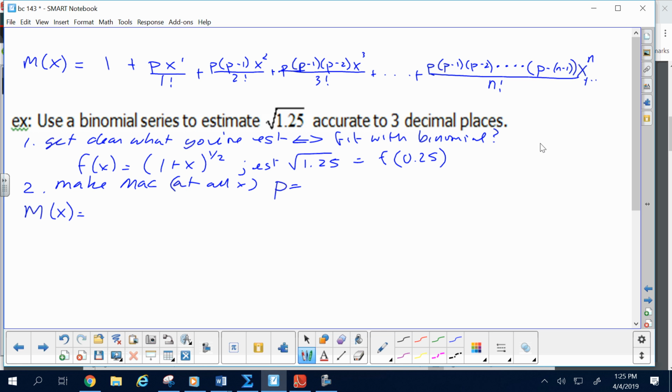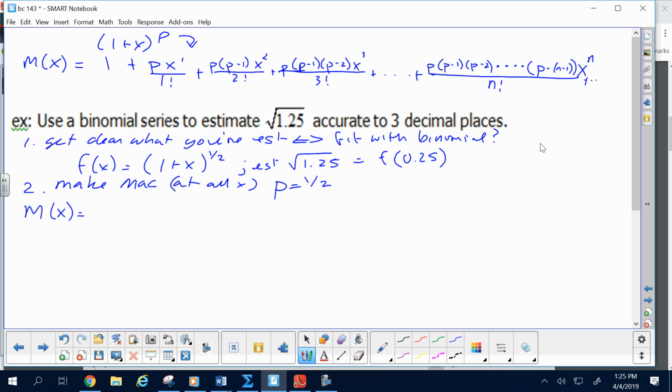Okay, remember this is to fit (1 plus x) to any power. That which we just did is (1 plus x) to a power. In this case, I want (1 plus x) to a specific power, a power of 1/2. So I'm trying to do this problem for a power of 1/2.